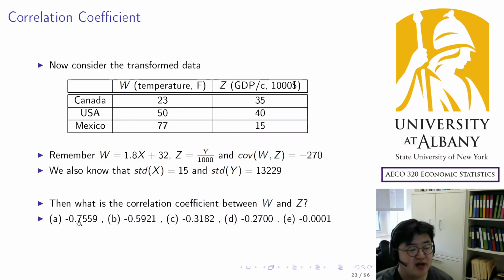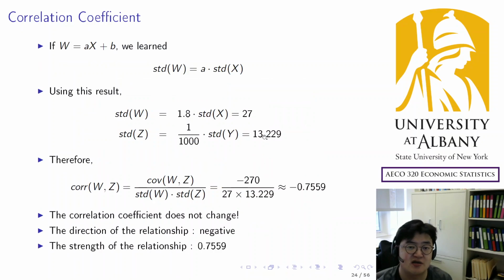But even if you calculate the correlation coefficient using the covariance and standard deviations, they'll be the same. Let's try this. Remember, after a linear transformation, the standard deviation changes like this. Plus b does not appear at all, but a is preserved as a multiplication.